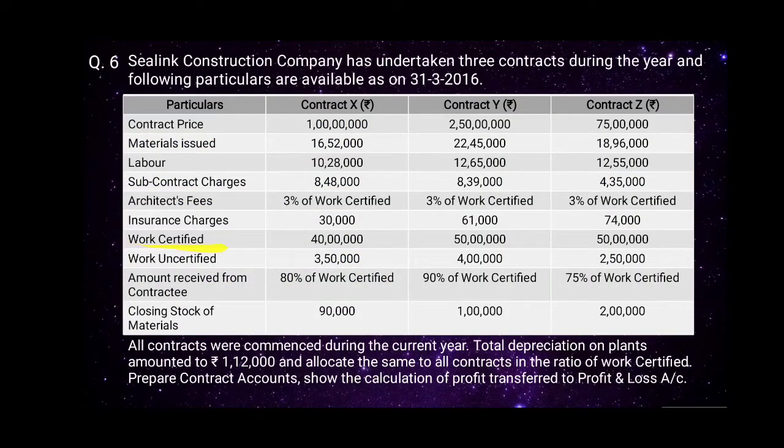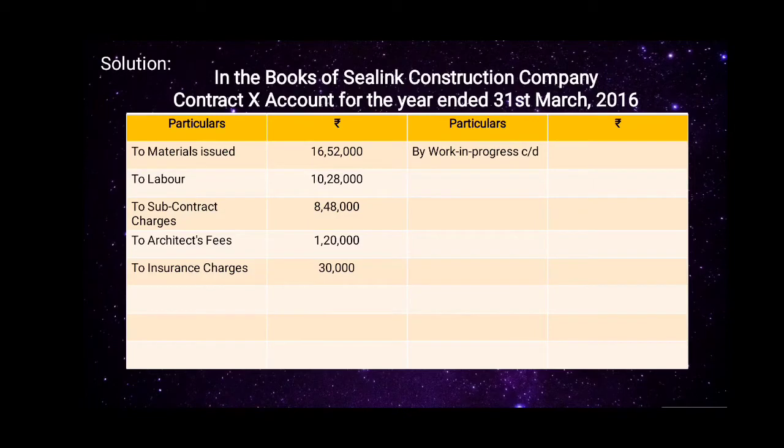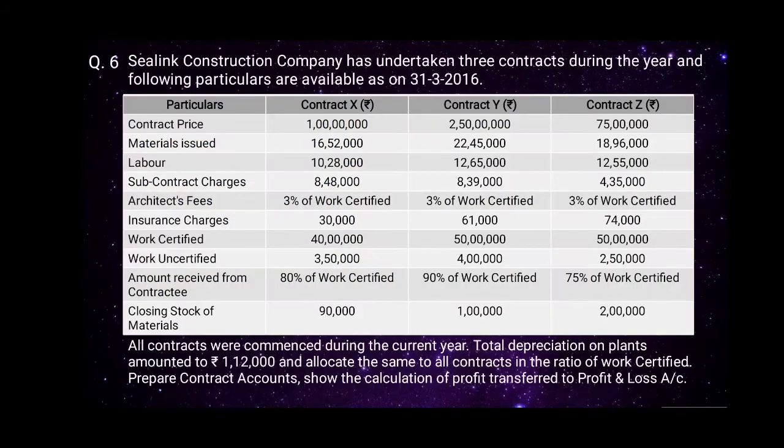Next, work certified amount for contract X is given as 40 lakhs. So we'll record this by work in progress carried down on the credit side. Work certified amount is 40 lakhs. Next is work uncertified.